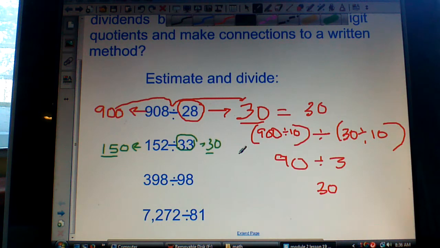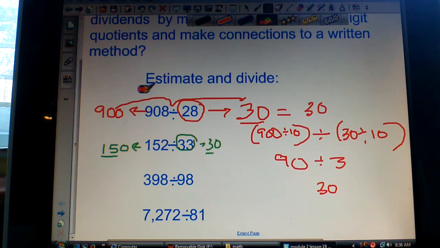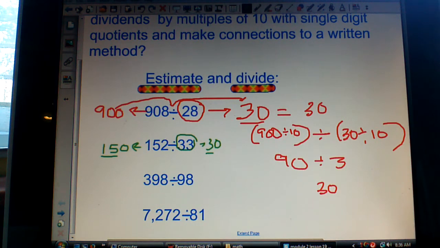So it's easy to divide those numbers. So you're going to stop, you're going to take a minute, you're going to work in your notebook. You're going to write down these 4 problems, and you're going to estimate, and here's fanciness for you, estimate and divide. Okay, that's what you're doing. Then come back. Okay, so hit pause, do all that work, and then come back.